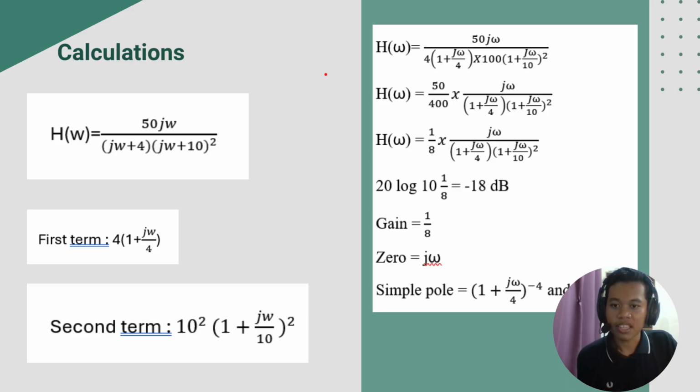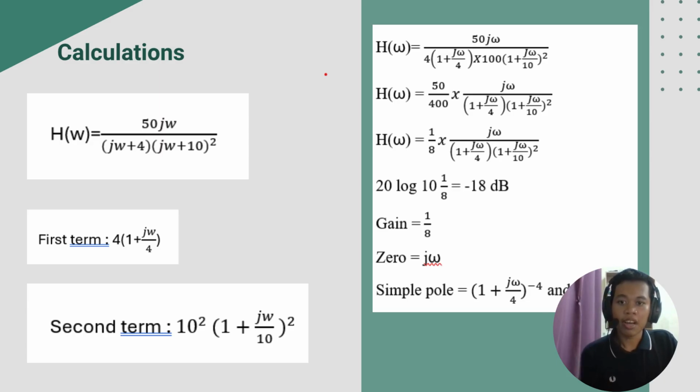Now we can extract the vital parameters needed to construct our hand-drawn Bode plots. First, the system gain. Our gain constant is 1 over 8. To find its baseline contribution on the decibel plot, we calculate 20 log base 10 of 1 over 8, which gives us approximately negative 18 decibels. This shifts our entire magnitude baseline downward.